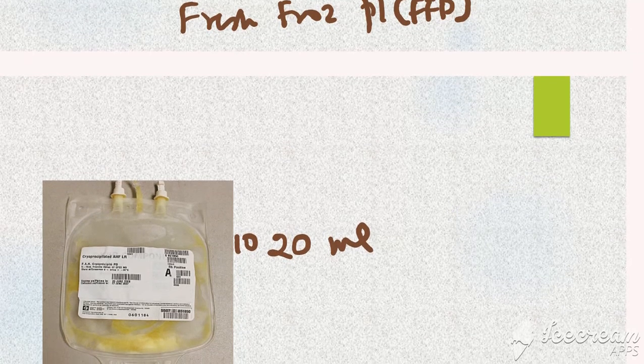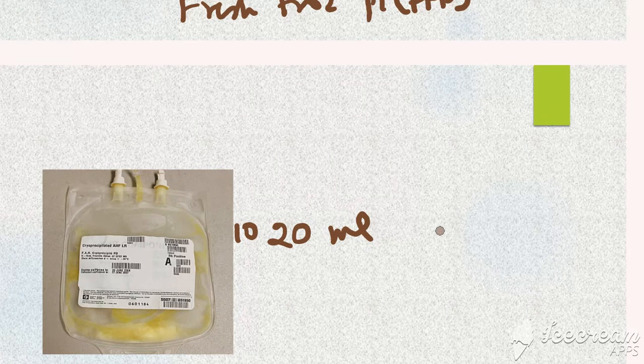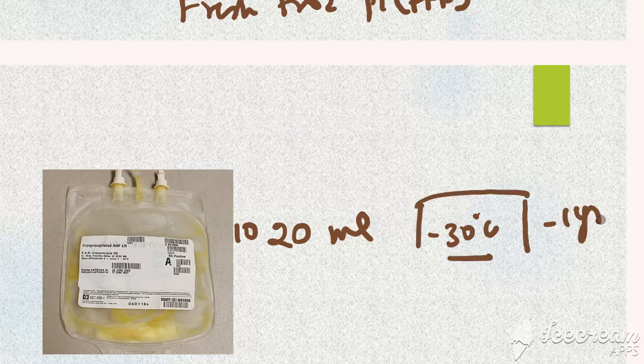So both FFP and cryo are stored at minus 30 degrees Celsius for 1 year. Okay, so cryo, the volume is less, FFP the volume is more.